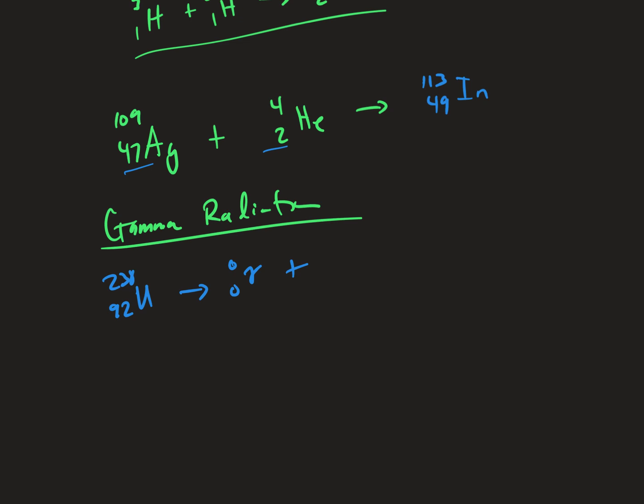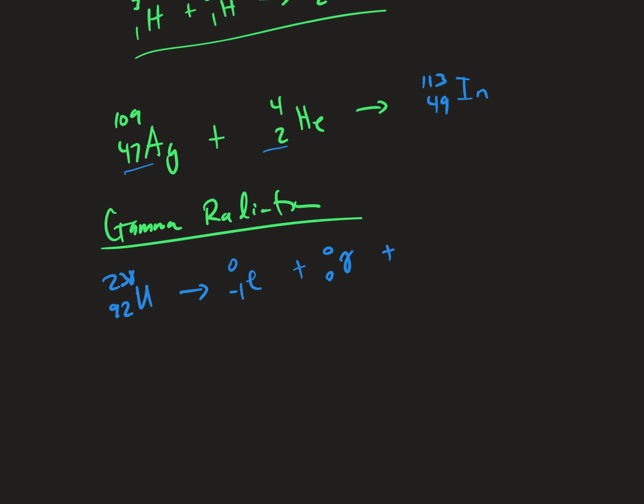So what really happens is we might undergo beta decay, for example, plus gamma radiation. So this just spits off extra energy coming off, yeah? That's usually when it happens.